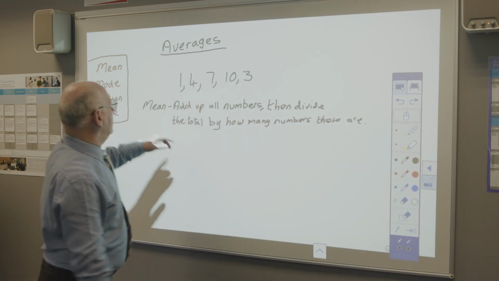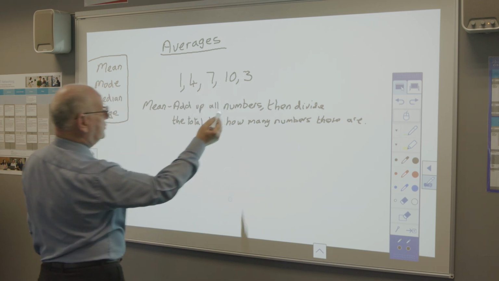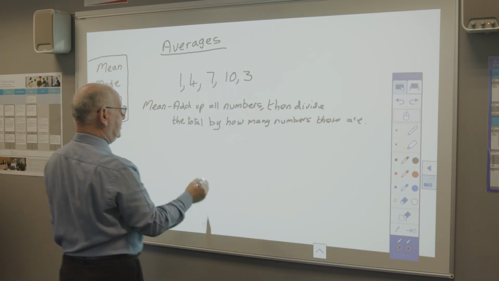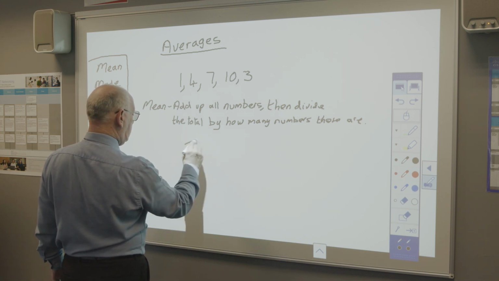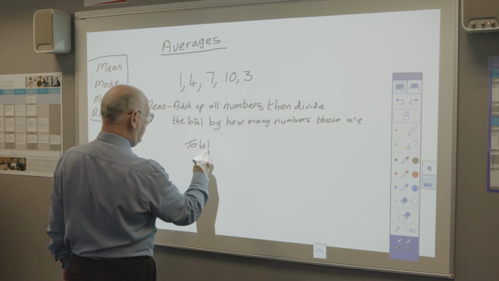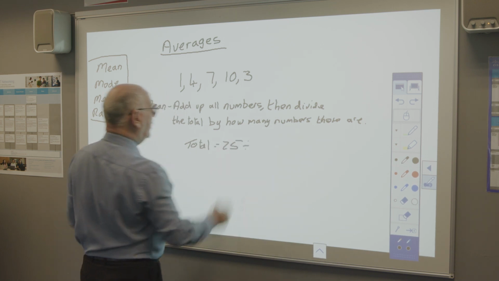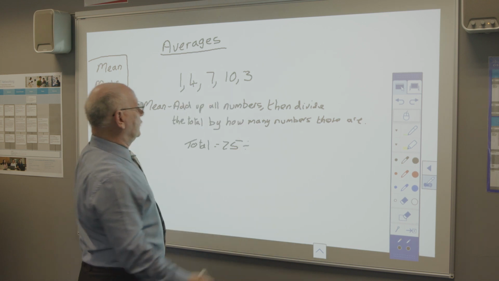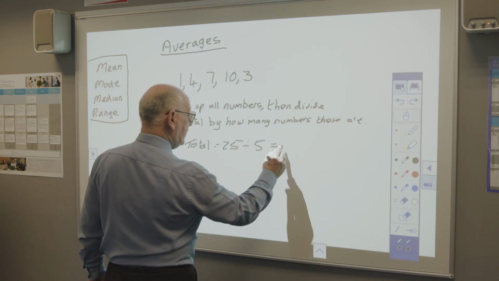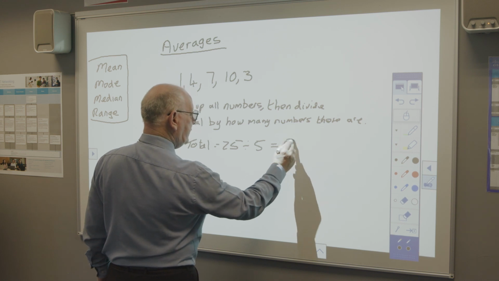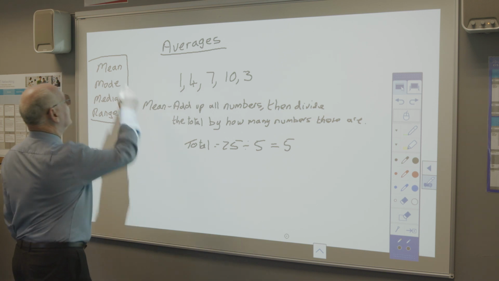So in this case, 1 plus 4 is 5, plus 7 is 12, plus 10 is 22, plus 3 is 25. So they add up to 25. Total is 25. Divided by 1, 2, 3, 4, 5 numbers altogether. 25 divided by 5 is 5. So the mean for this list of numbers is 5.